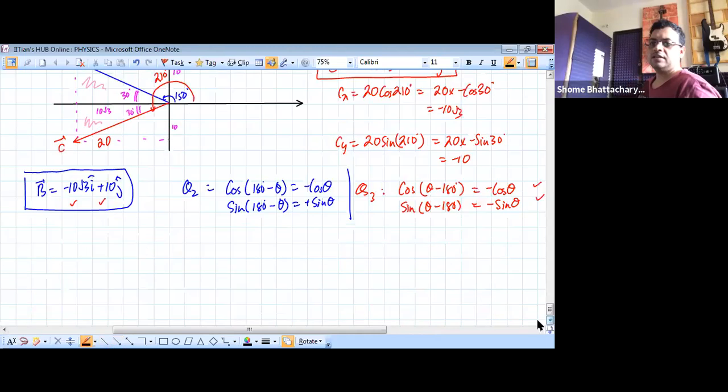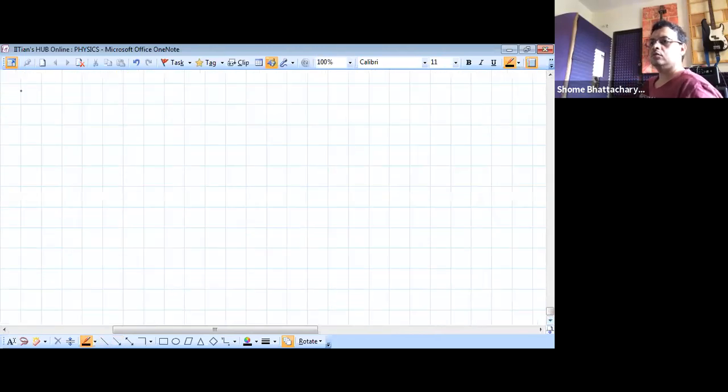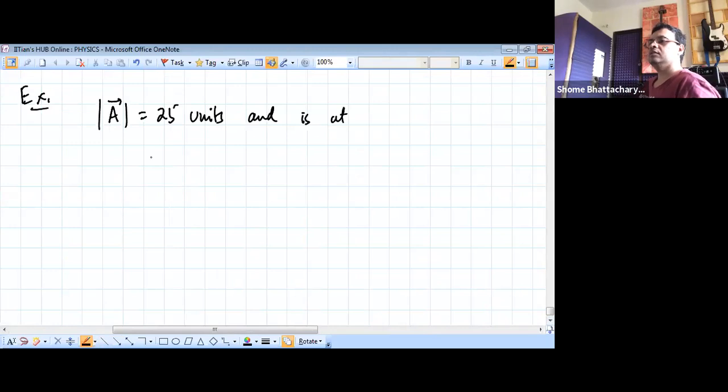Let's do one final example before we move on. So next example: vector E has a magnitude of 25 units and is at theta equal to 153 degrees with respect to x-axis.